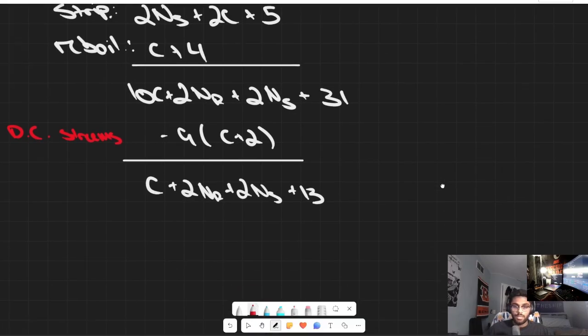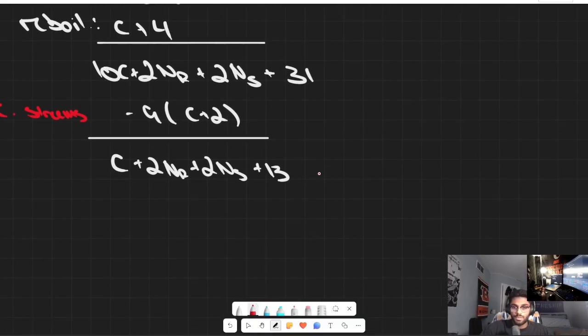So now we have the total degrees of freedom in a distillation column setup.